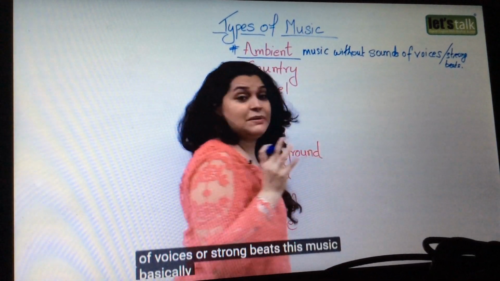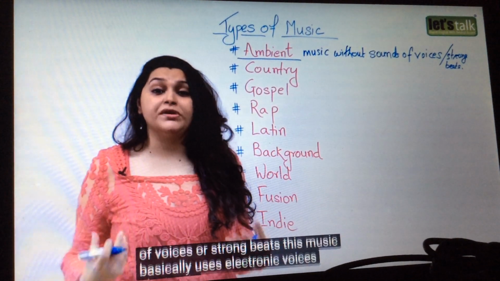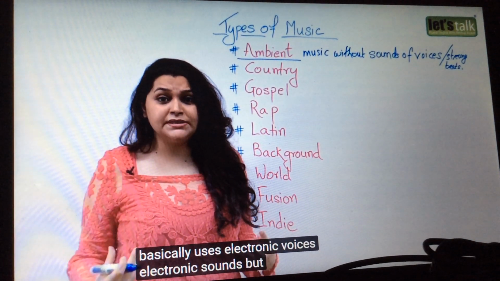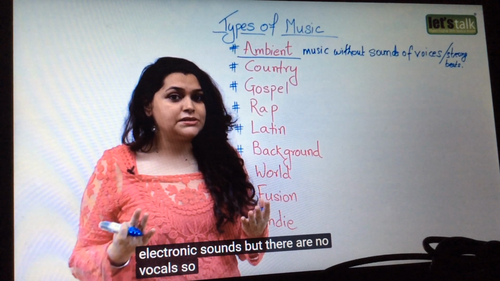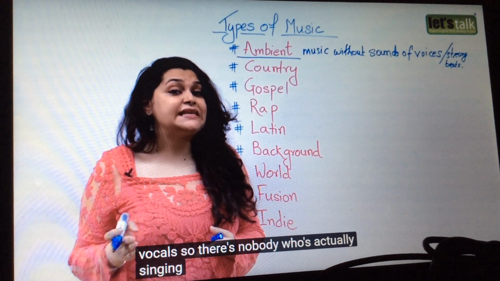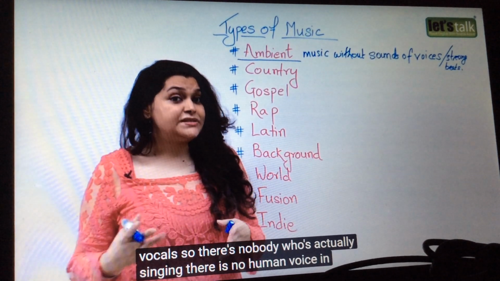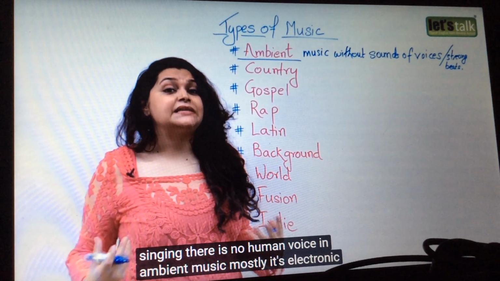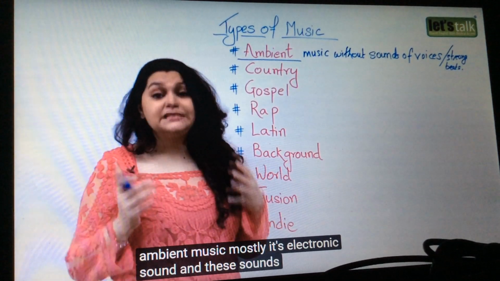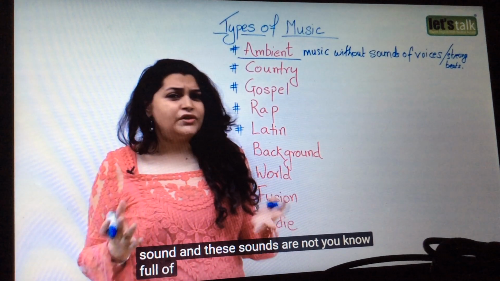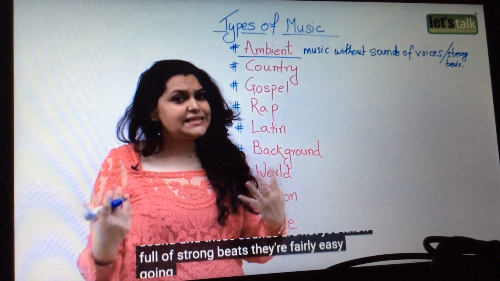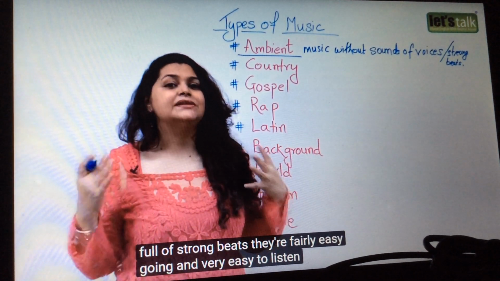So this music basically uses electronic voices, electronic sounds, but there are no vocals. So there's nobody who's actually singing. So there is no human voice in ambient music. Mostly it's electronic sounds, and these sounds are not full of strong beats. They're fairly easygoing and very easy to listen to.